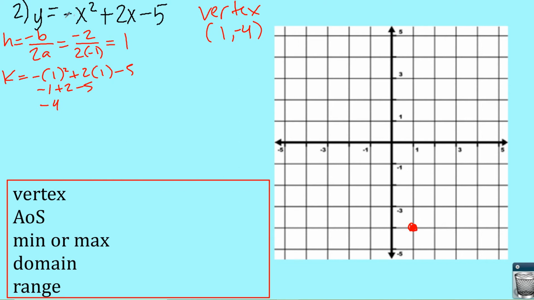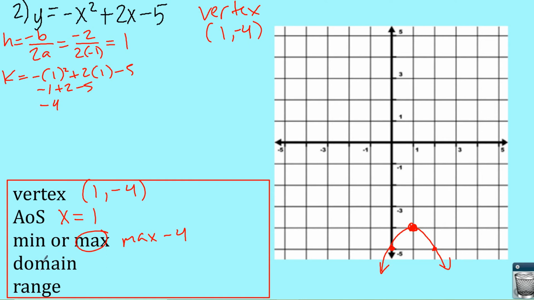And it has a negative a value, so we know it's going to be going down like this. So this is just a sketch for us to see it a little better. Our vertex is 1 comma negative 4. Our axis of symmetry is x equals 1. It's going to have a maximum, so max, of negative 4.